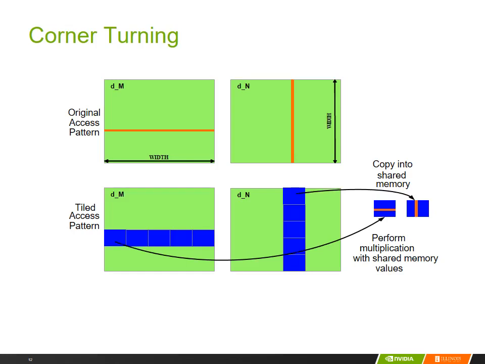Once the data gets into shared memory, because shared memory is designed with on-chip memory technology, which is not DRAM technology, the access direction no longer matters. So we say that we turn the corner, and now we can use the data the way the original algorithm dictates.